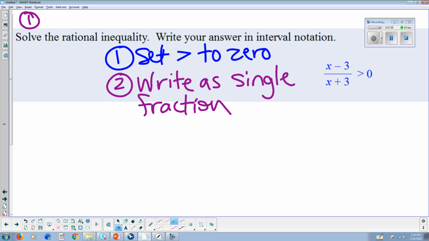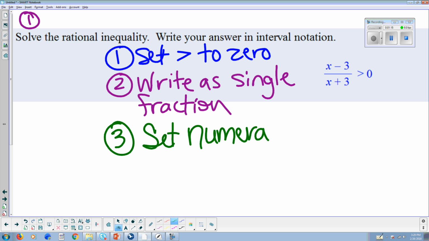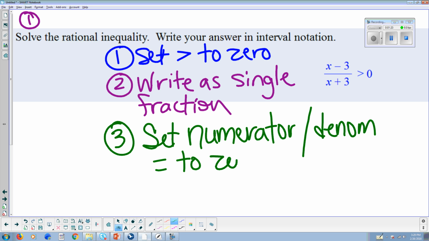Third step, we're going to set the numerator and denominator equal to 0 and solve for endpoints.